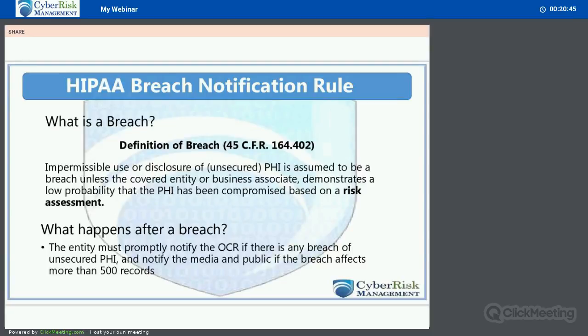So an example of this is we had a client, and this client had a laptop with a large amount of ePHI on it, and someone broke into their car and stole their laptop. So in most cases you would think, oh my gosh, that's a data breach, they're going to be audited, etc. But because that computer was encrypted, the encryption gave a low probability that the PHI was compromised because they wouldn't have the encryption key and they wouldn't be able to get into the laptop.